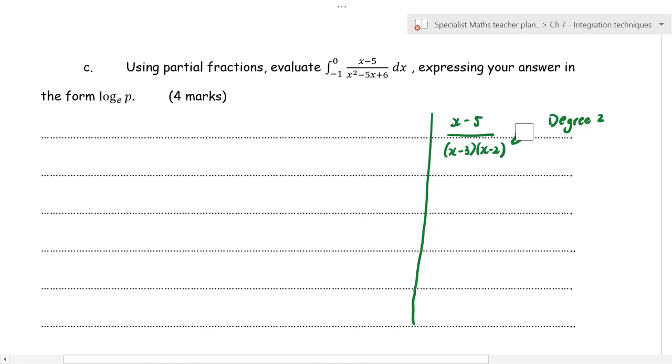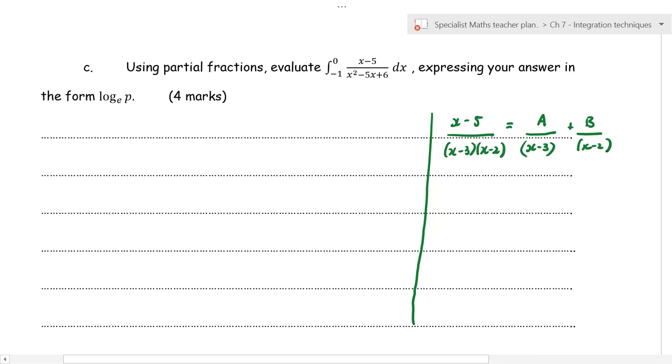All right, so because it's degree 1 on the top and degree 2 on the bottom, partial fractions. This is just a type 1 partial fraction. They're just linear factors. There's no repeated linear factors. So we're going to go A over x minus 3, then plus B over x minus 2, like so.